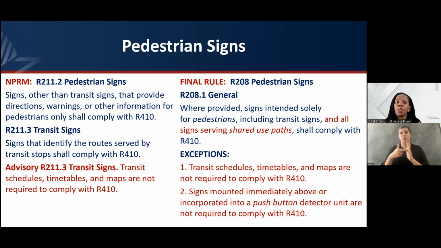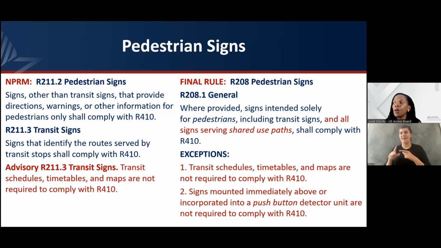So final rule R208.1 is what gets you the requirement that signs intended solely for pedestrians, including transit signs, and all signs serving shared use paths must comply with R410. So the thing to note is we're saying that signs intended solely for pedestrians, including transit signs, must be accessible.